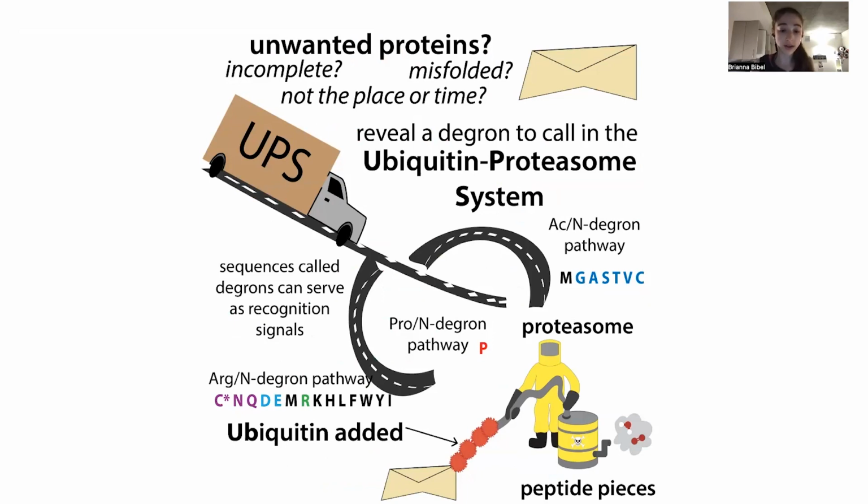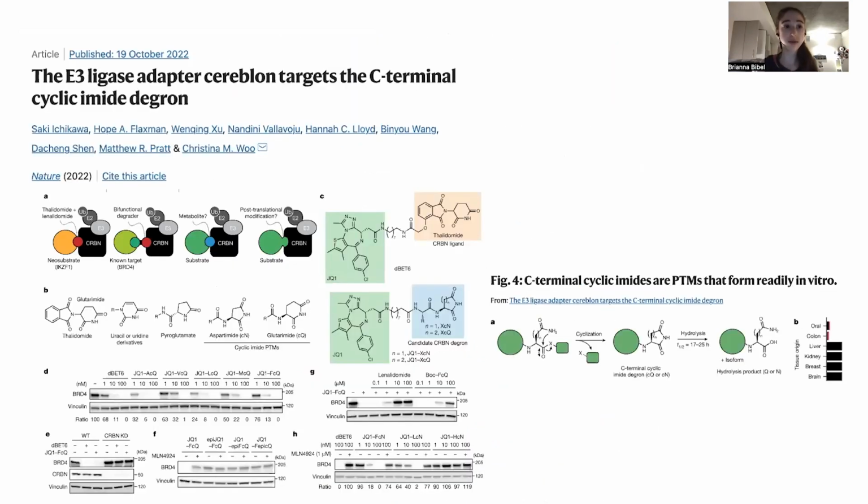So for example, a recent article came out that was pretty cool. One of the motivations for this post was that they found that cereblon, the CRBN I was just talking about, can recognize C terminal cyclic amides, which sounds really scary, but basically it can happen when a glutamine or an asparagine attacks the backbone of the protein, cuts the chain, and causes this cyclical formation.